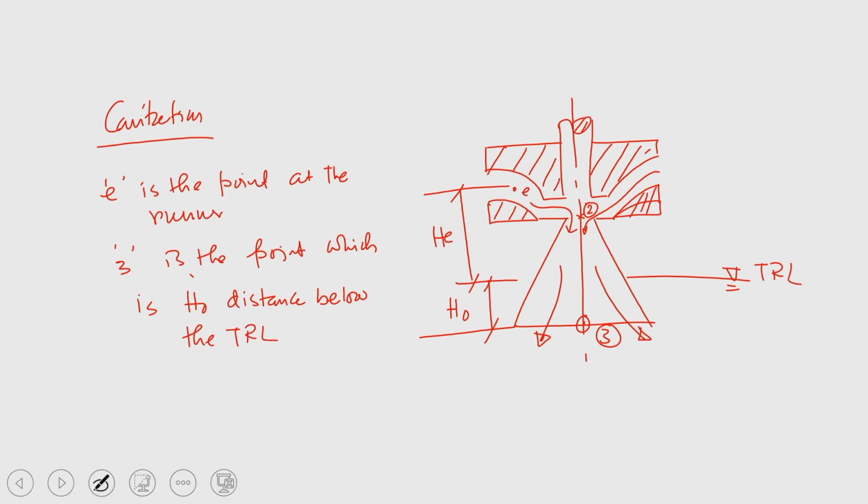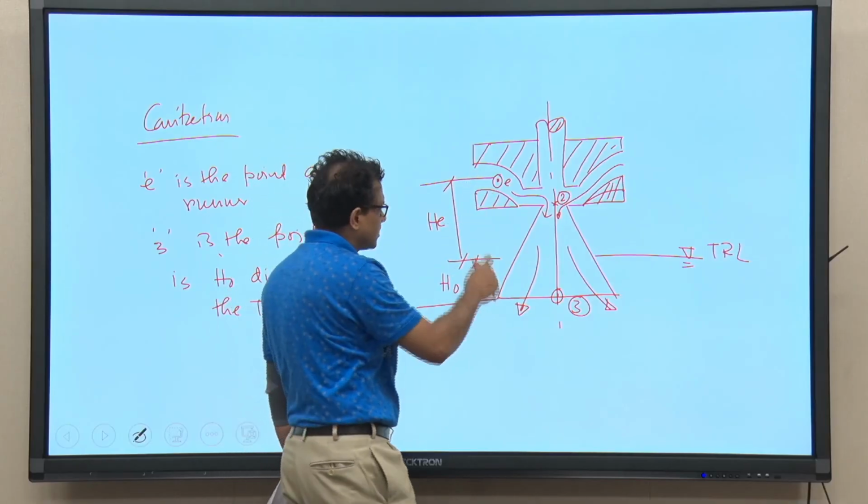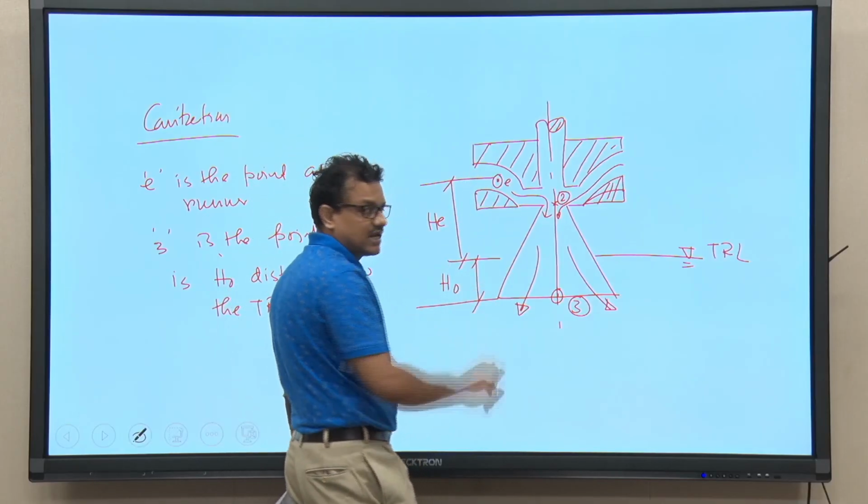So, this is what we are trying to do. We have seen point 2, that is the suction pressure. Now, we are taking one particular point E, and we try to do the energy balance between these 2 points, point E and 3, taking TRL as datum.